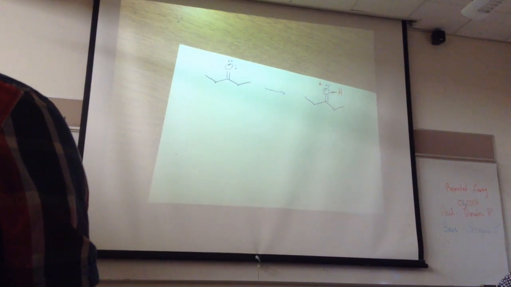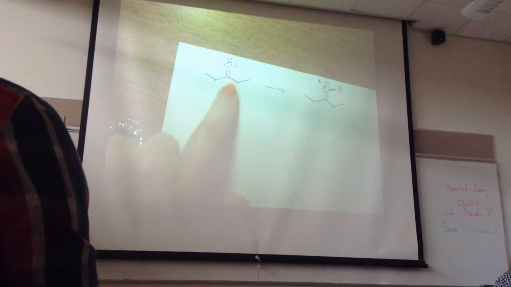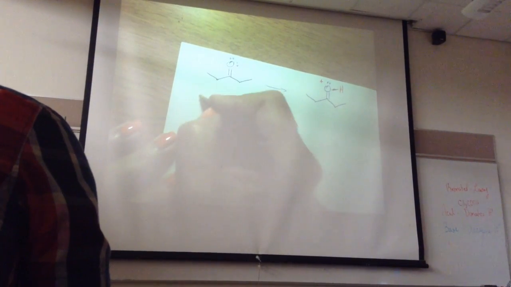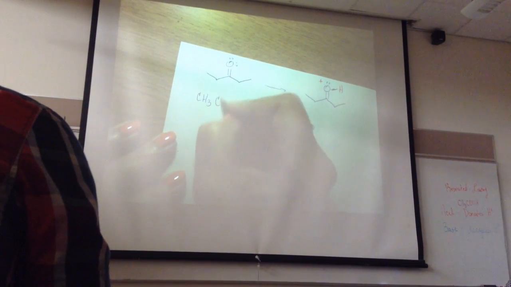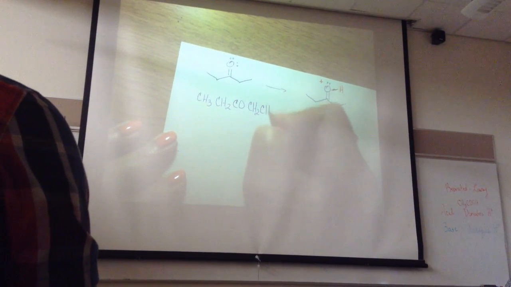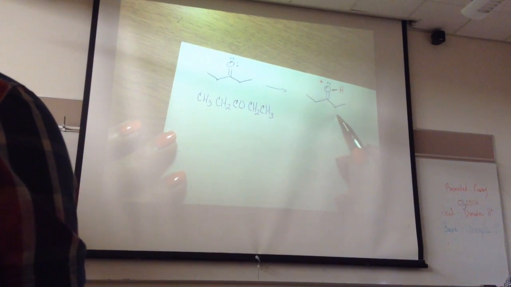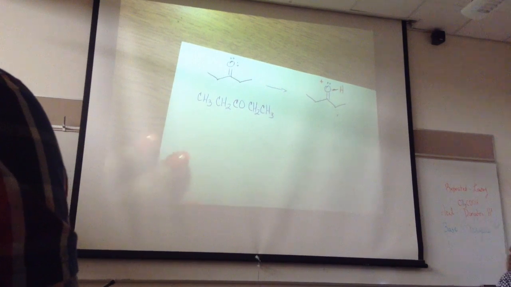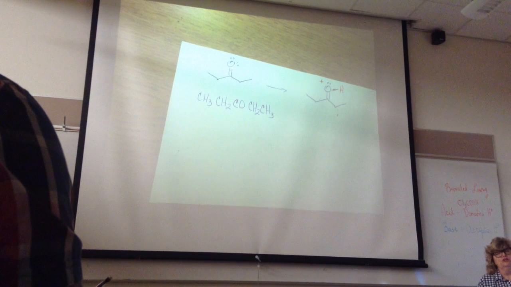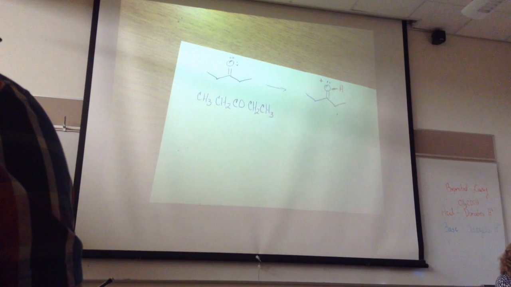Not good in condensed. This one in condensed works. This one in condensed may work. Some people would have typed this like so: CH3, CH2, CO, CH2, CH3. That might work. This does not work at all. Condensed for this, nobody will get what you're trying to do, because it might look like an aldehyde, which is not possible here. So there will be no condensed for that one.